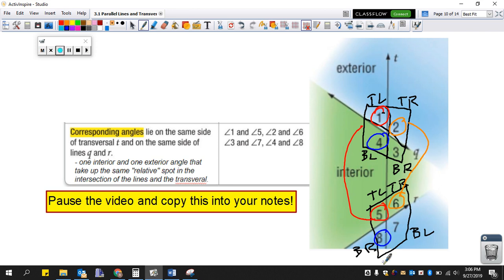I'm sorry, I labeled this wrong. This should be bottom right, this should be bottom left. So they're both bottom lefts, and 3 and 7 are bottom rights. So those are all the corresponding angles. Pause this and copy this down.